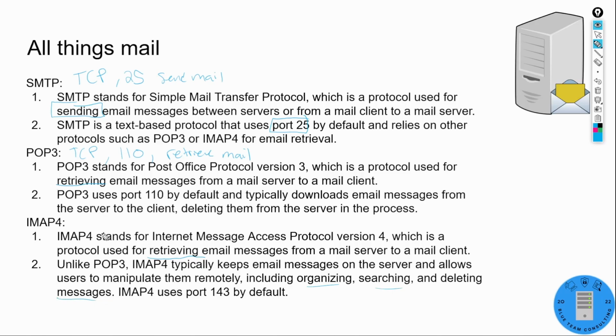So both of these are for retrieving mail, with IMAP4 being able to have a little bit more control over the functions of the mail as it resides on the server, using TCP port 143. I would definitely be familiar with these protocols, what transport protocol they're using at layer 4, what well-known port range they're using, and what is their main function.